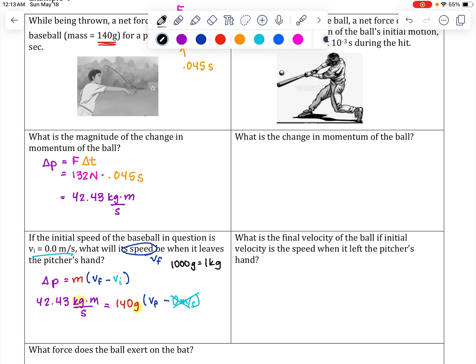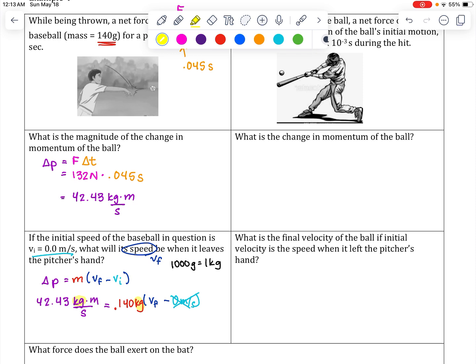So I need to move my decimal 1, 2, 3. I'm going to erase this and rewrite my mass in kilograms as 0.140 kilograms. Now you can see that these match units.